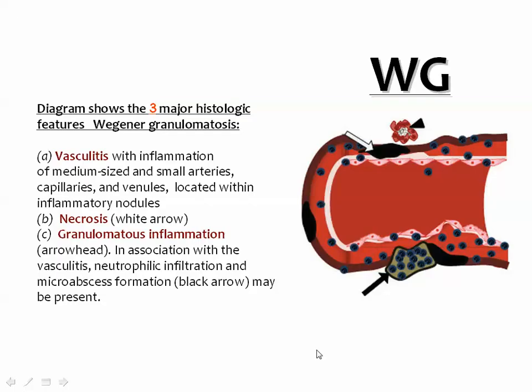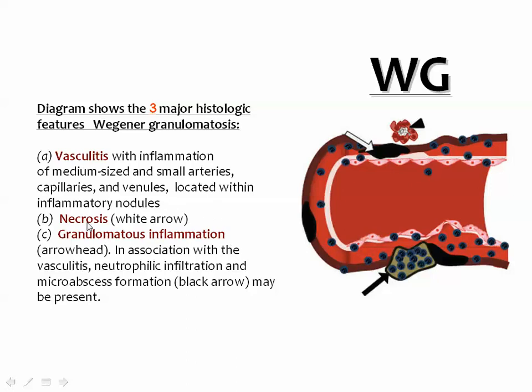Then Wegener granulomatosis has these stages of affection of the vessel wall. The first is vasculitis with inflammation of the vessel wall located within pulmonary inflammatory nodules.